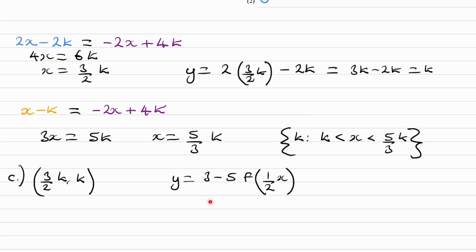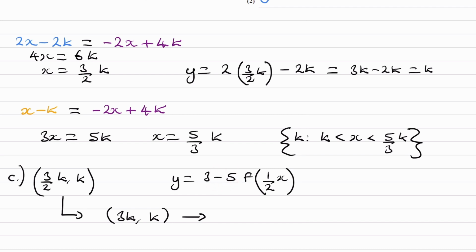So let's apply these transformations to this point. First, let's consider the half x that we have over here. This will stretch everything scale factor 2 parallel to the x-axis, so that will multiply the x-coordinates by 2. So our new x-coordinate would be 3k. The y-coordinate stays the same. Then we can apply the minus 5. We're multiplying the y-coordinates by minus 5.